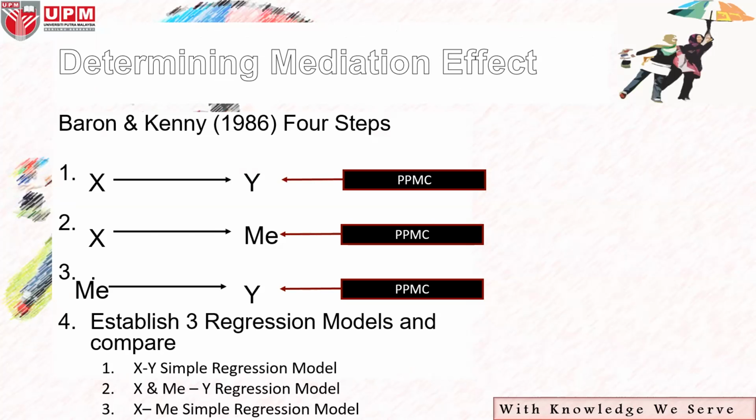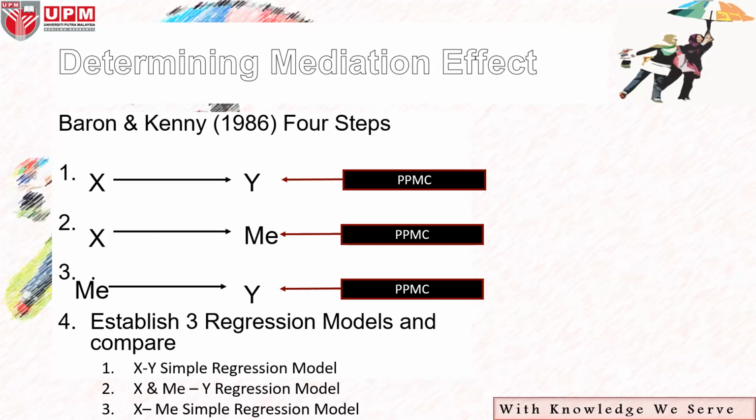Yang kedua, you run the Pearson product moment correlation between your IV and mediator. Then make sure the result also significant. The third, you run the analysis of Pearson product moment correlation between mediator and DV. And make sure the result also significant.